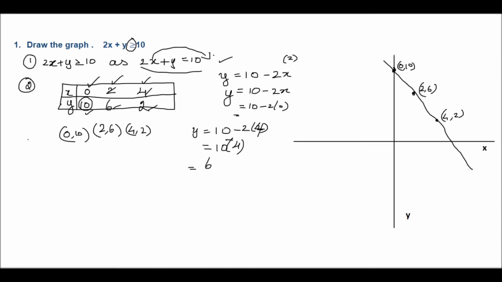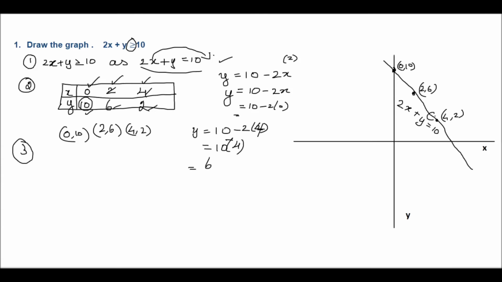The next step is, as we plotted the points and drew the line, next we have to determine the region where the inequality lies. Now this line's equation is 2x plus y is equal to 10.